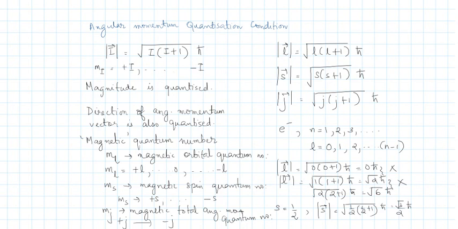Now, the angular momentum vector can take only such orientations such that the projections onto a reference direction are also quantized in units of h cross, and the projections should differ from each other by unity, and the projection values should range from plus I to minus I.